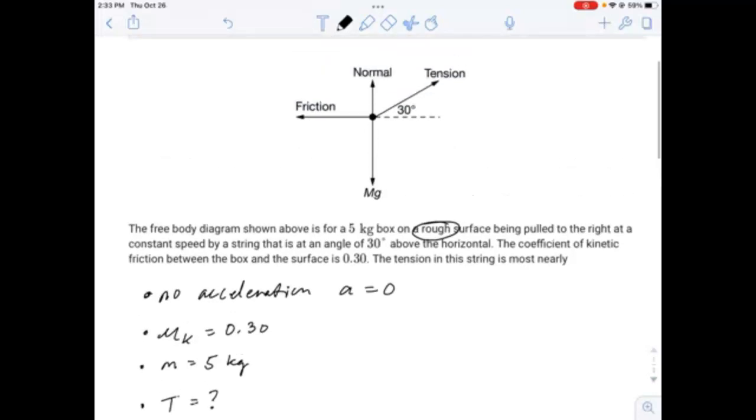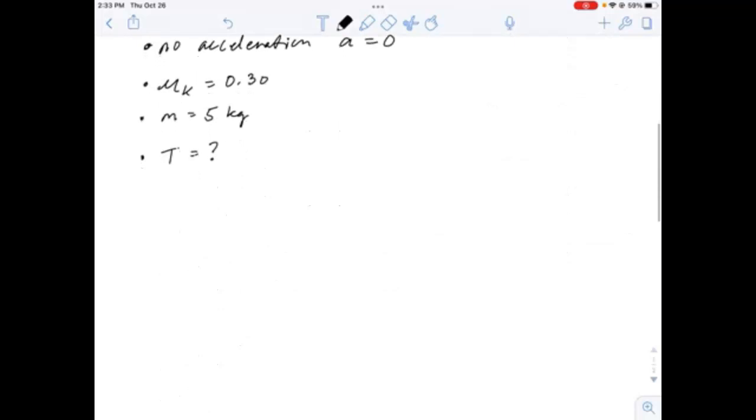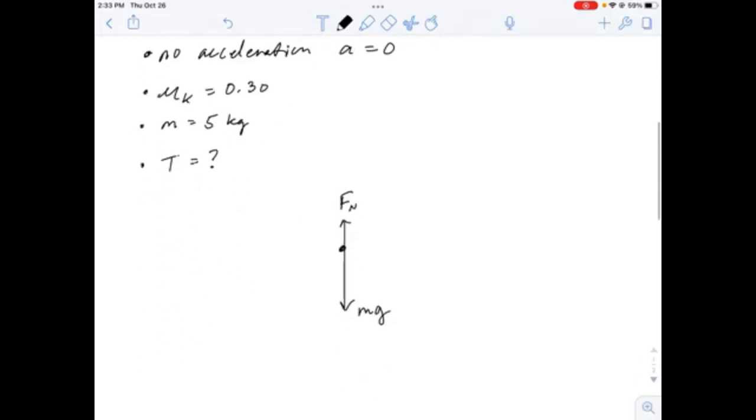All right, well, tension is at an angle, so we're going to have to resolve it into components. Here we go. I'm going to redraw the free body diagram. mg. Notice I'm drawing Fn small, normal force, because it's getting some help from the tension force.